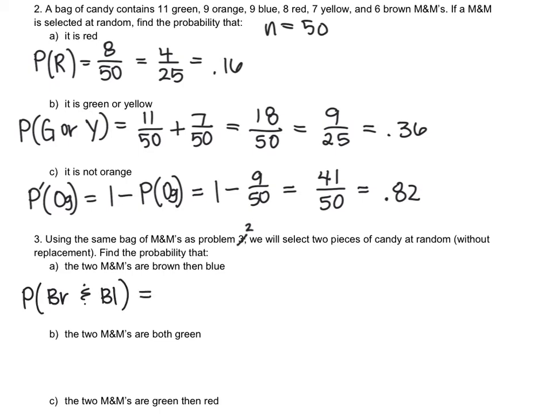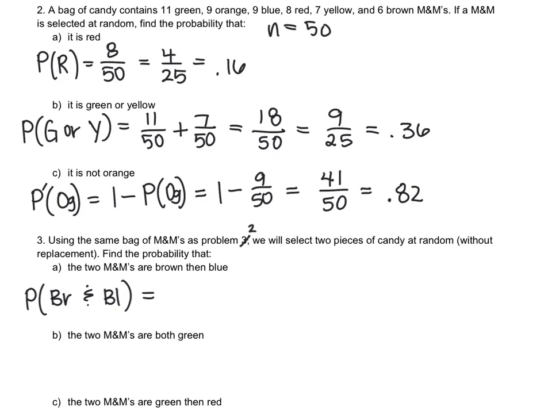So if we look, there are 6 brown M&Ms and there are 9 blue, but I'm not replacing my M&Ms, so my denominator is going to change to 49. So you can leave it as a fraction, which is 27 over 1,225, or you can give it as a decimal, which is 0.022.